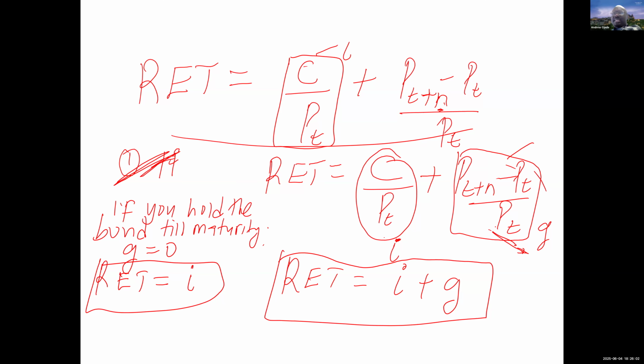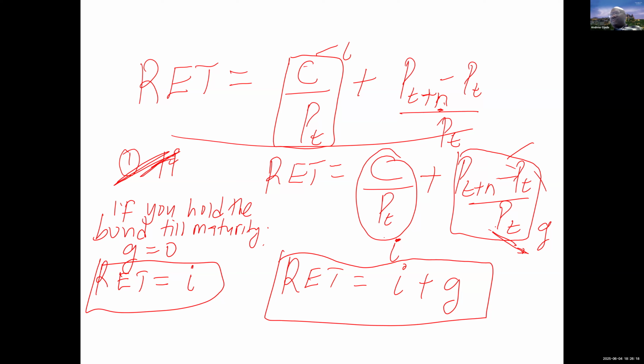But the implication is that if the interest rate goes up to 15% and you try to sell the bond, because we know there's a negative relationship between the interest rate on a bond and the price of the bond, if the interest rate rises, the bond price is going to fall.